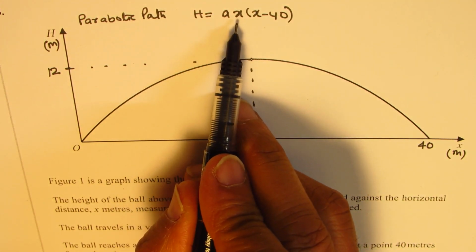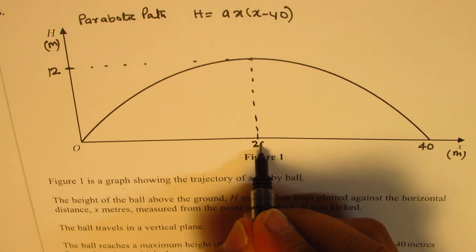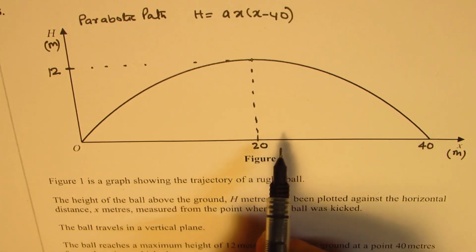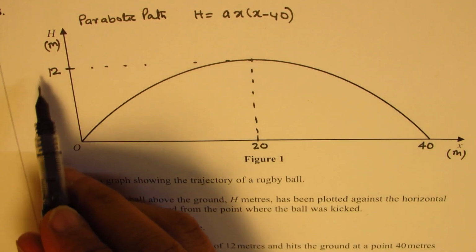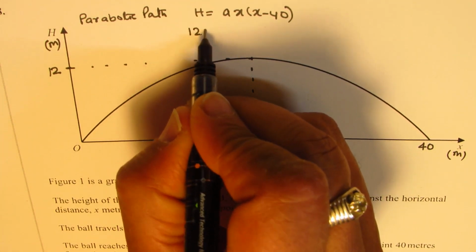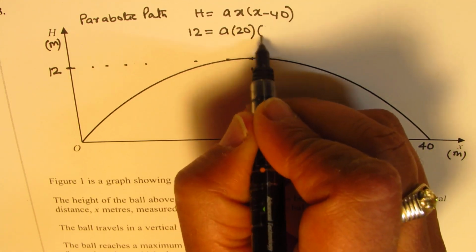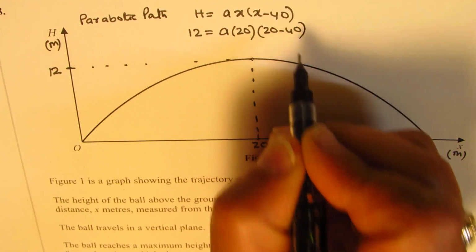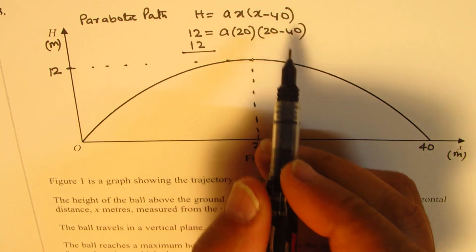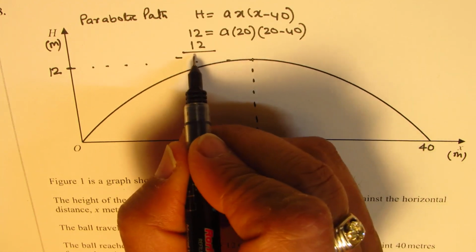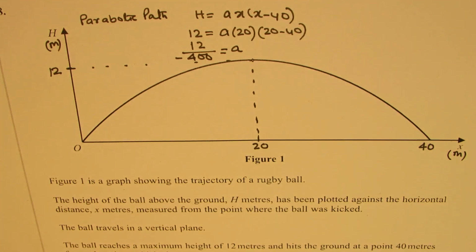To find the value of a, we can substitute. The highest point will be at the midpoint, at 20, correct? So if I substitute 20, then the height should be 12. So I'm substituting 20 for x, so I get 20 minus 40, and that gives us a equals 12 divided by 20 times 20 with a negative, which is negative 12 over 400.